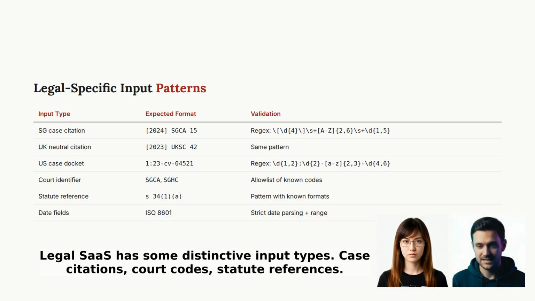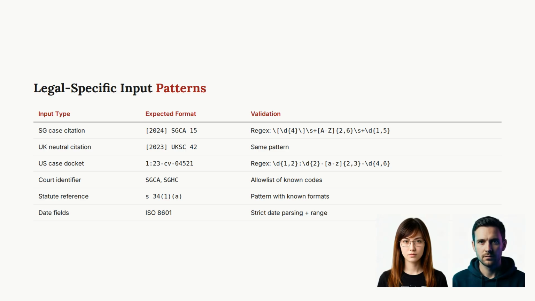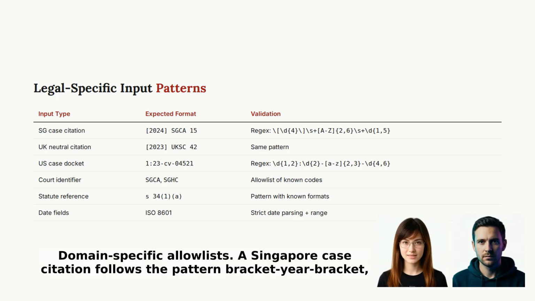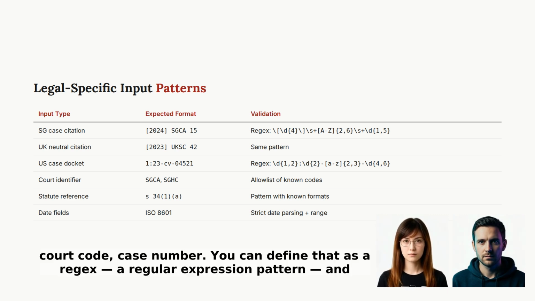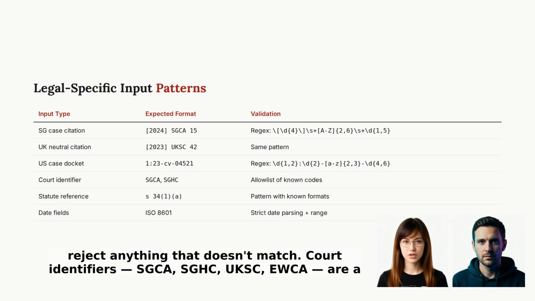Legal SaaS has some distinctive input types: case citations, court codes, statute references. How do you handle those? Domain-specific allow lists. A Singapore case citation follows the pattern bracket year bracket, court code, case number. You can define that as a regex, a regular expression pattern, and reject anything that doesn't match.